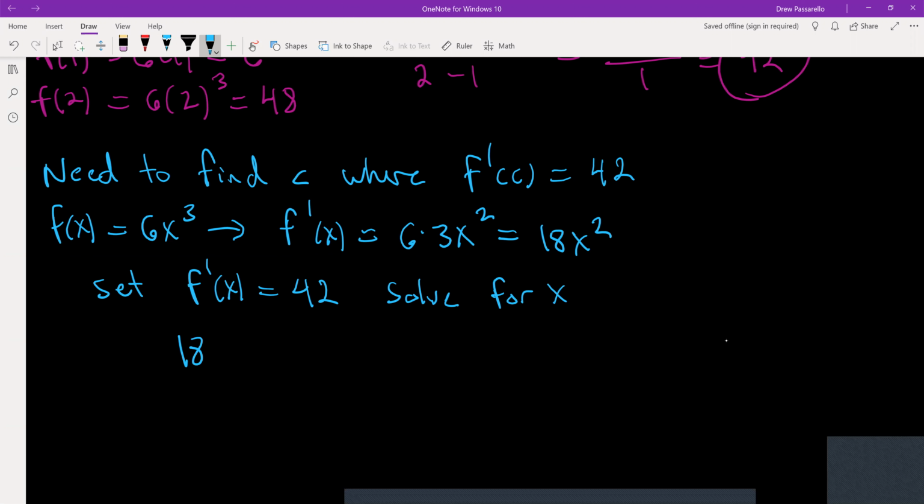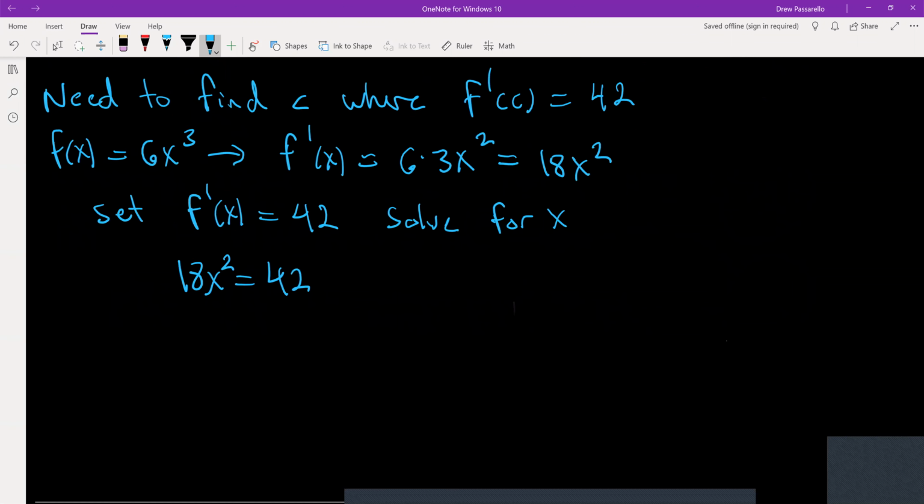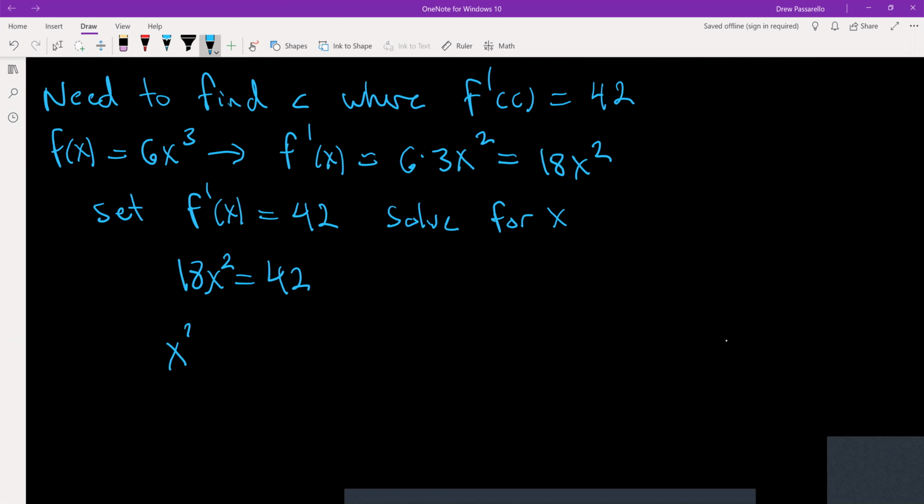So I have 18x squared equal to 42. I divide both sides by 18. So you have x squared equal to 42 over 18. And then you can reduce that to 21 over 9. So x squared equals 21/9.